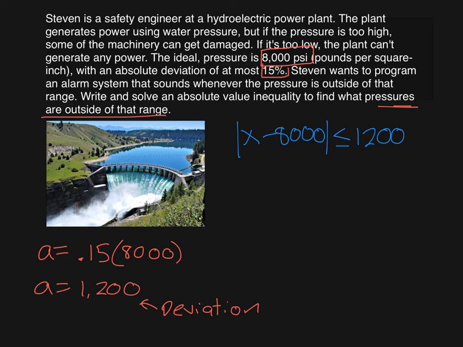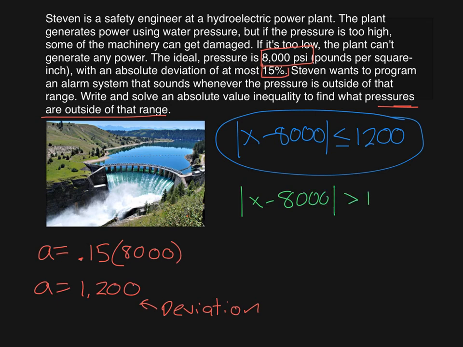So this represents what is safe, but we are looking for the values that are outside of that range. So our inequality is actually x minus 8,000 is greater than 1,200. If this is the difference between the actual pressure and the ideal pressure, we want to know when is it outside of that number, when is it bigger than that number.